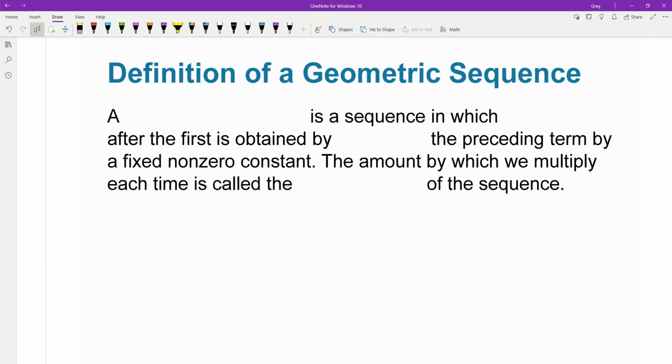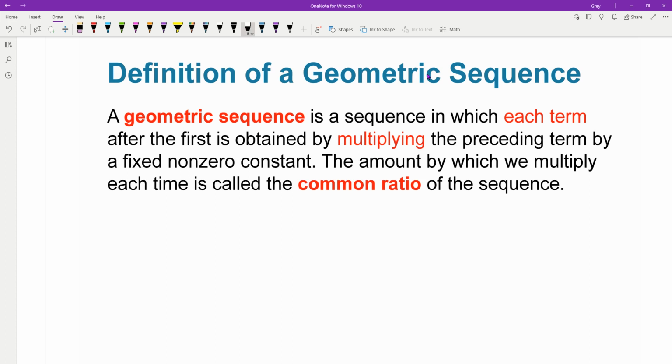So the last one we had was an arithmetic sequence where, if you remember, there was a constant difference. In a geometric sequence, each term after the first one is obtained by multiplying the preceding term by a fixed non-zero constant. And that constant is called the common ratio.